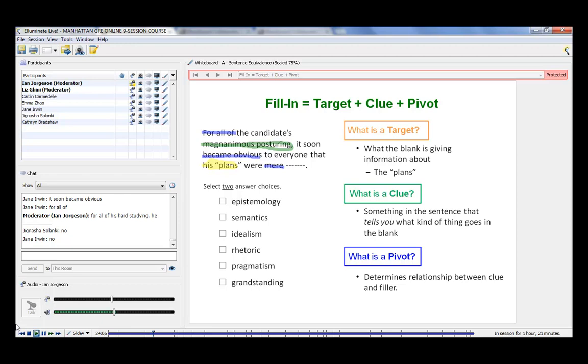So think of for all of as being almost a way of saying even though this happened, we expect the opposite to have occurred. And that's probably the clearest of the fillers, although I think you guys are totally right that it was mere and became obvious. Okay, now it's kind of hard to figure out our own filler in this particular problem, but would you say it's positive or negative?